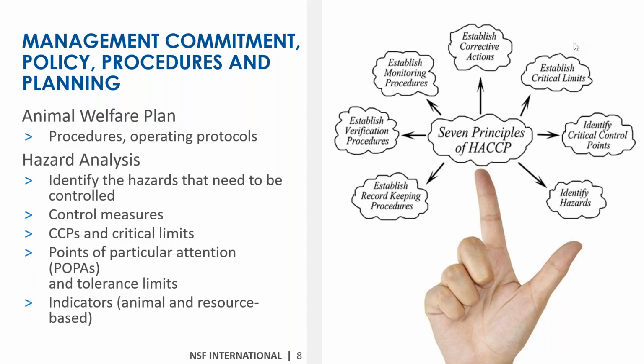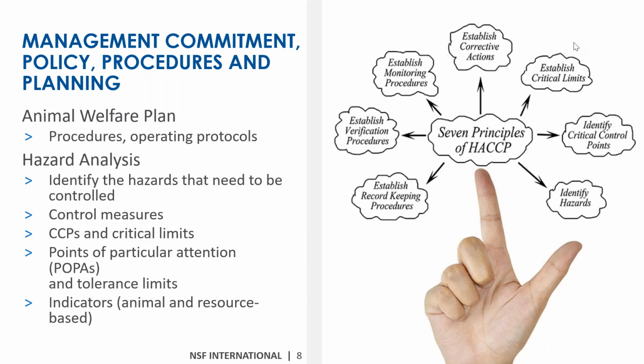And to introduce you to another terminology here that I discovered when I was taking a look at all the research and background information, what's out there already in terms of utilizing this approach for animal welfare and wellness, is a point of particular attention, and there are associated tolerance limits with it.